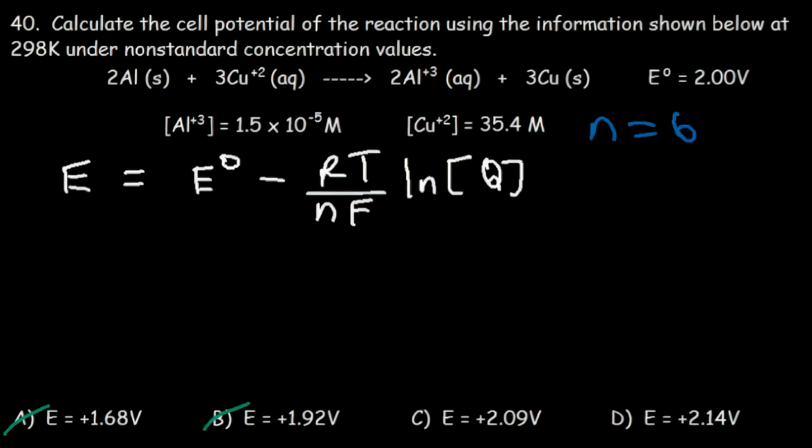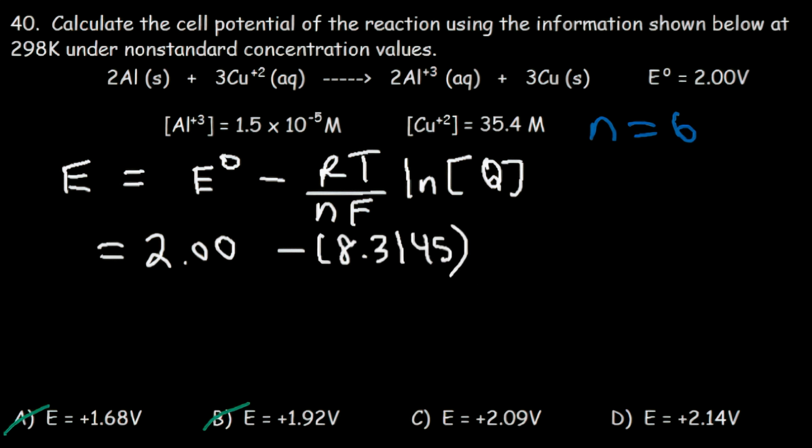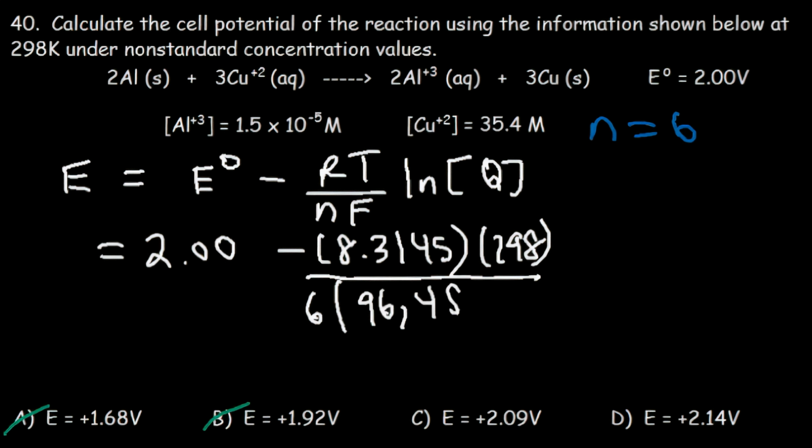So now let's plug everything into the equation. So E is 2 volts. R is the energy constant, 8.3145. For gases, it's 0.08206. The temperature is 298 Kelvin. N is 6. Faraday's constant is 96,485. And then times the natural log.